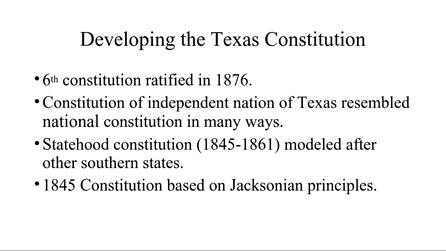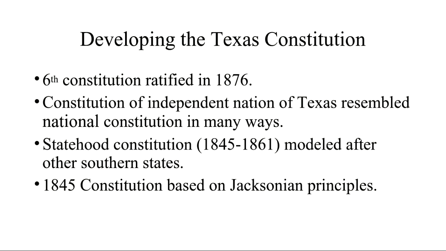So our first constitution that was created when we became an independent nation ended up resembling the national constitution in many, many ways. It's easier to model a state constitution after the federal one rather than try to completely come up with your own idea.